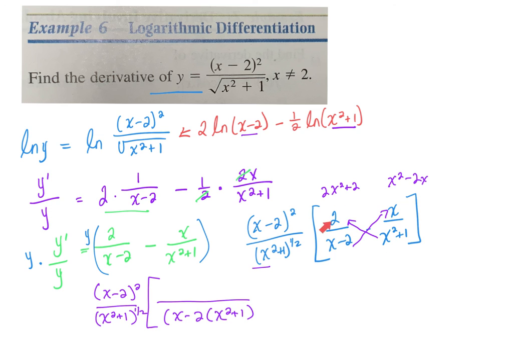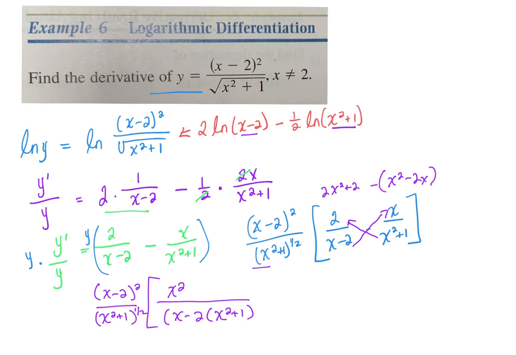So that's 2x squared plus 2. I multiply this one by this guy because that's what I'm missing there: x squared minus 2x. Then I'm just going to simplify these right here because it's subtraction. So I have 2x squared minus x squared, which gives me what? 2x squared minus x squared gives me x squared.